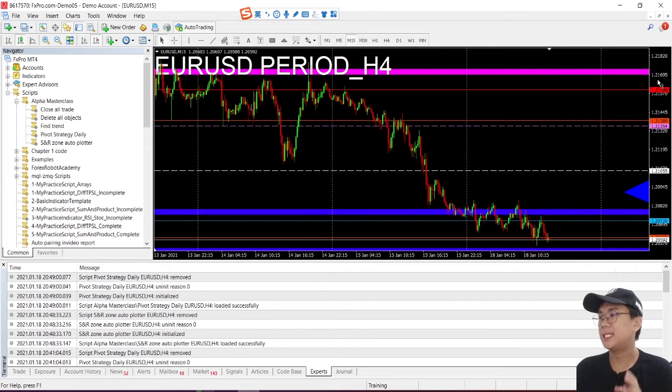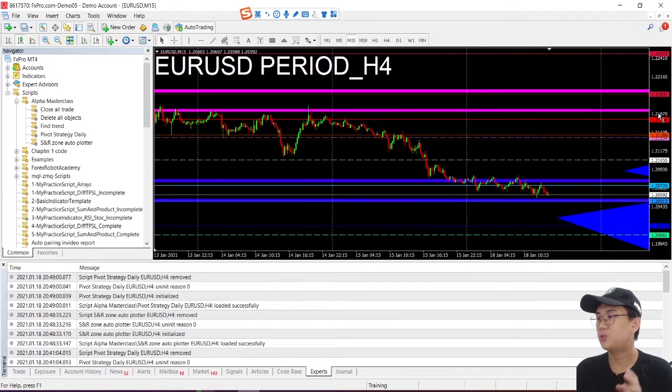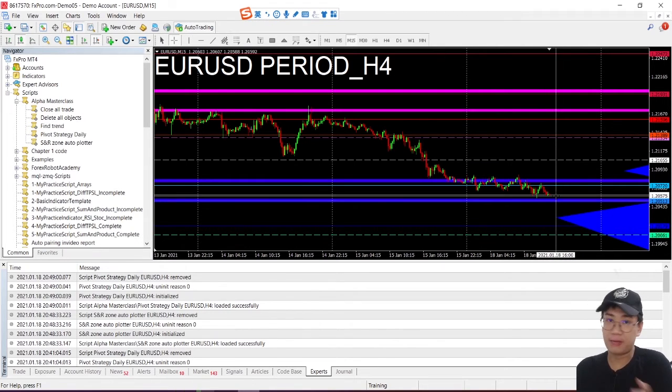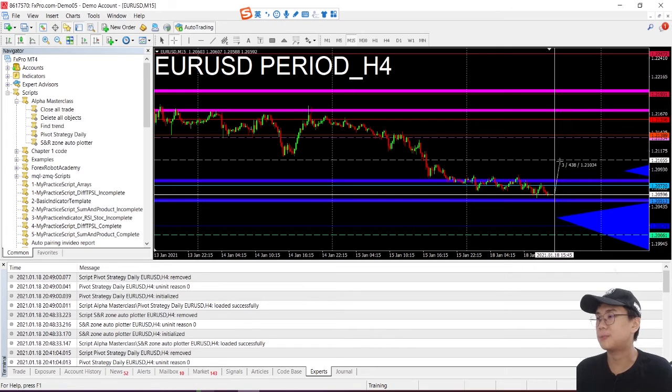The next thing you can see is that there are another two dotted lines, the pink one and the green one. The pink color means today's maximum price. So let's say suddenly there is some news, some Donald Trump speaking, fighting with other people, for example, and suddenly EUR/USD spikes up to here.